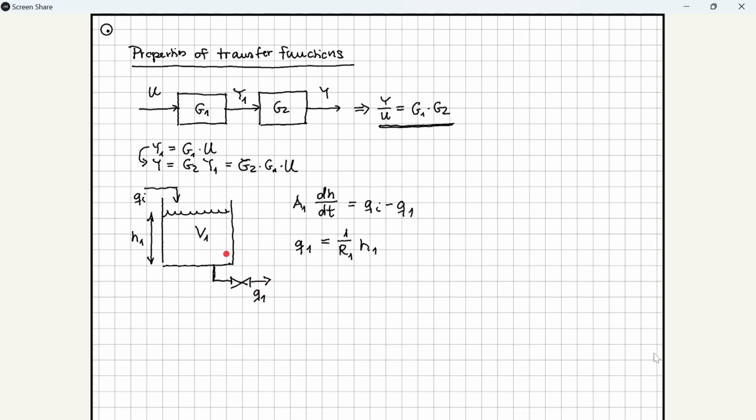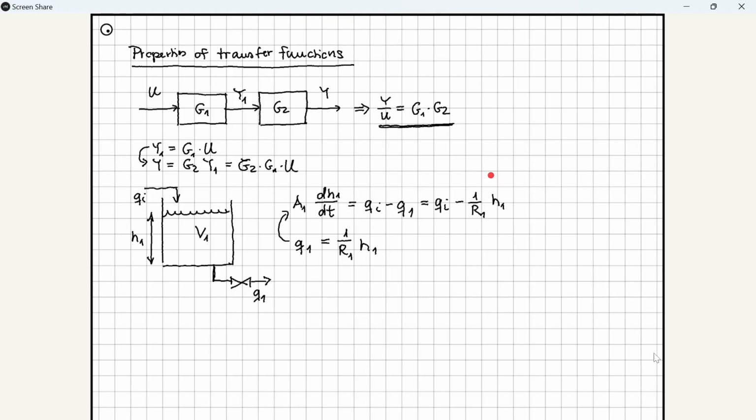So the lower the level is, the slower it's going to flow out. And if I stick this relationship in here, I end up with Qi minus 1 over R1 times H1.